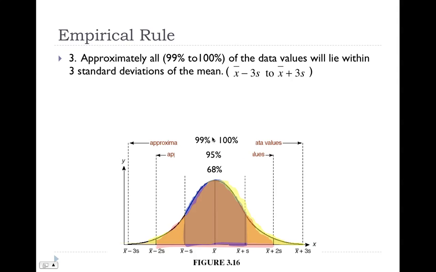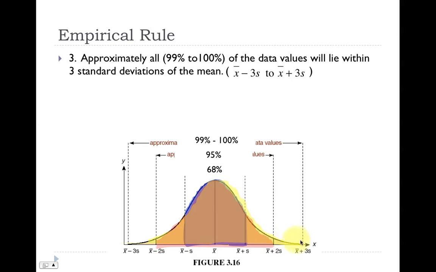Now, it says 99 to 100% because there's still a possibility that you could have a data value that falls way above the rest of them or way below the rest of them. These, as we talked about earlier, are called outliers.